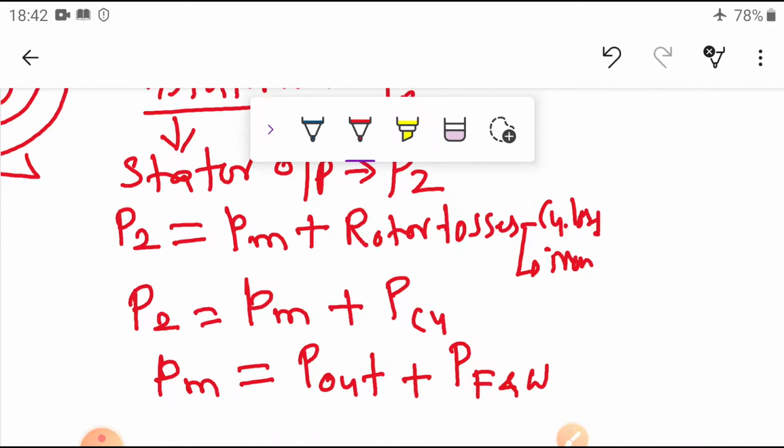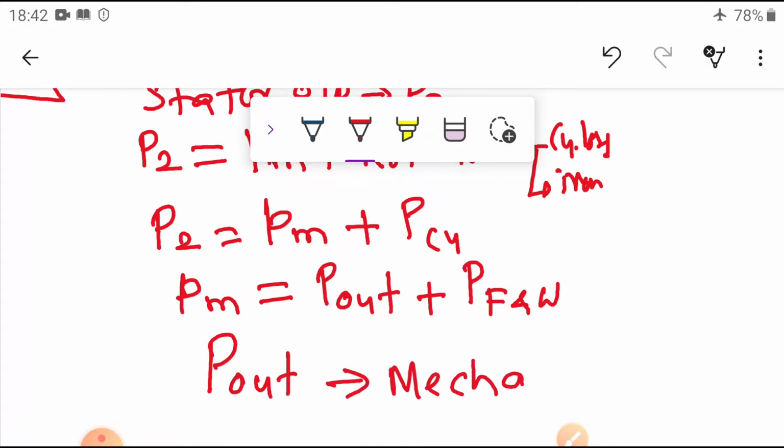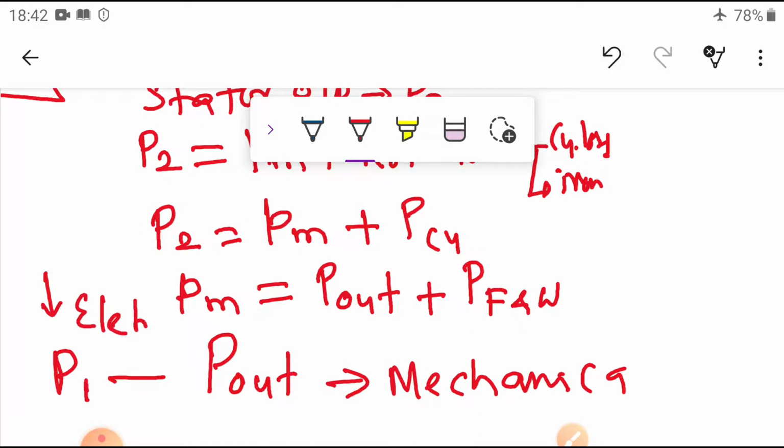So finally we get P out in the form of mechanical energy. What has happened? P1 is given in electrical energy, and finally we got it in mechanical energy.